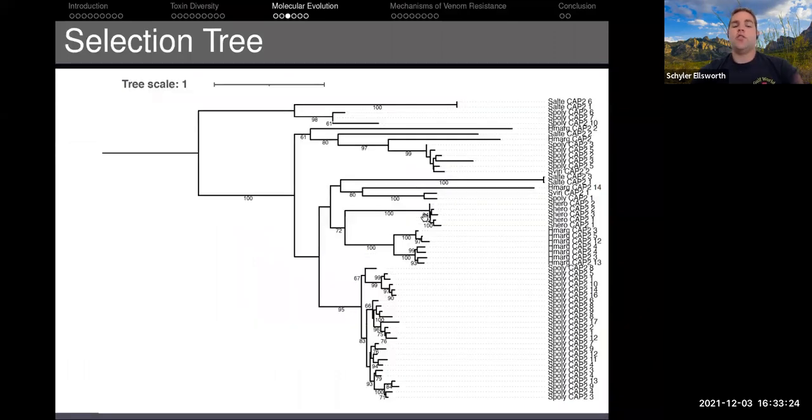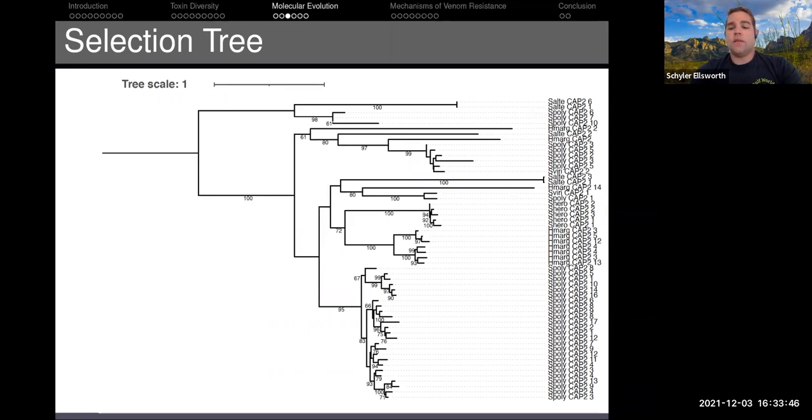So I generated a new gene tree here, where this new gene tree has all of these different CAP2 proteins. And we see that we have a nice tight group phylogeny here that still has a lot of different changes. And so I wanted to see if these proteins were evolving under positive selection.